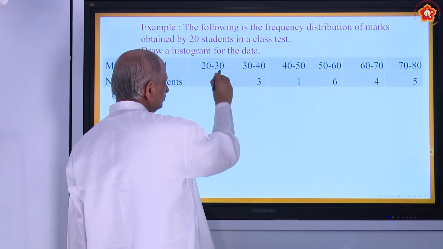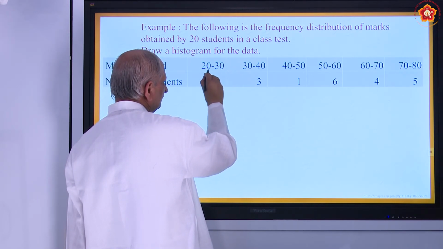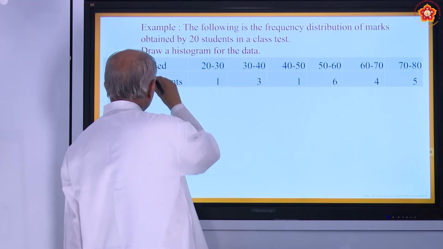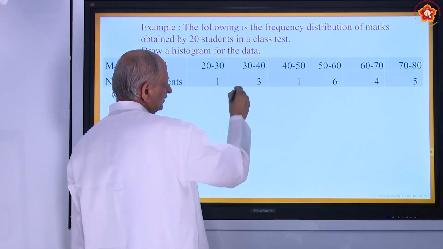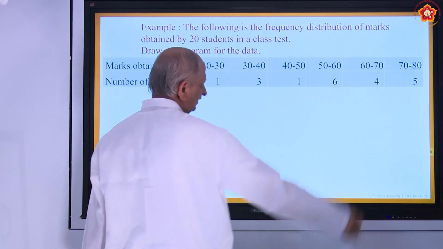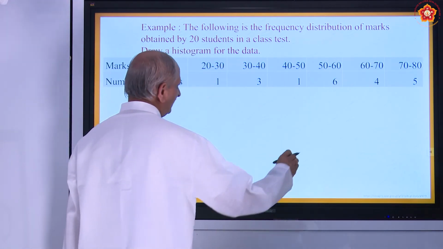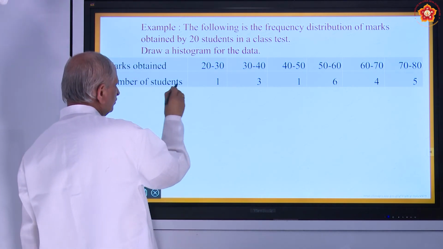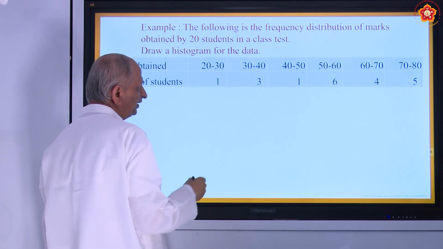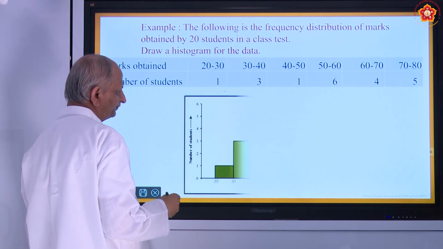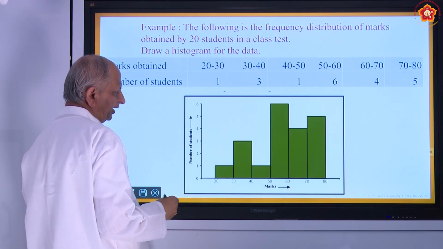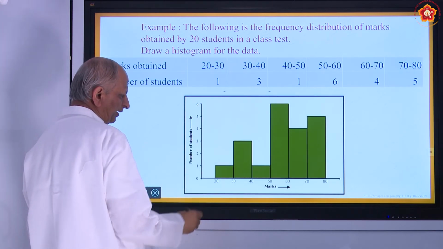So here 20 to 30 is the first class interval. Like that it goes up to 70, 80. All these class intervals should be on the x-axis, and the number of students, what you call frequency, should be on the y-axis. So if you draw a histogram, this is what is called a histogram.